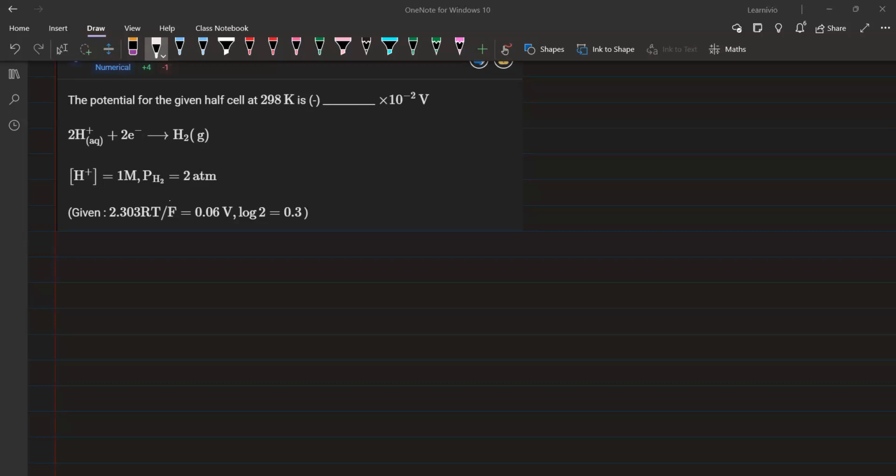Guys, no answer. Okay, yeah, let's see. So the potential for the given half cell at 298 is minus something. So 2H plus 2 electron gives H2. This is the reaction. We have H plus and we have the pressure of H2.